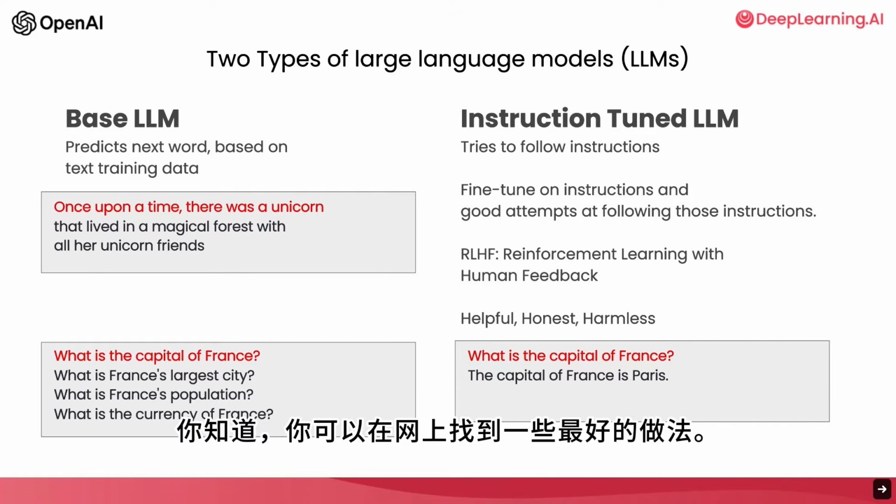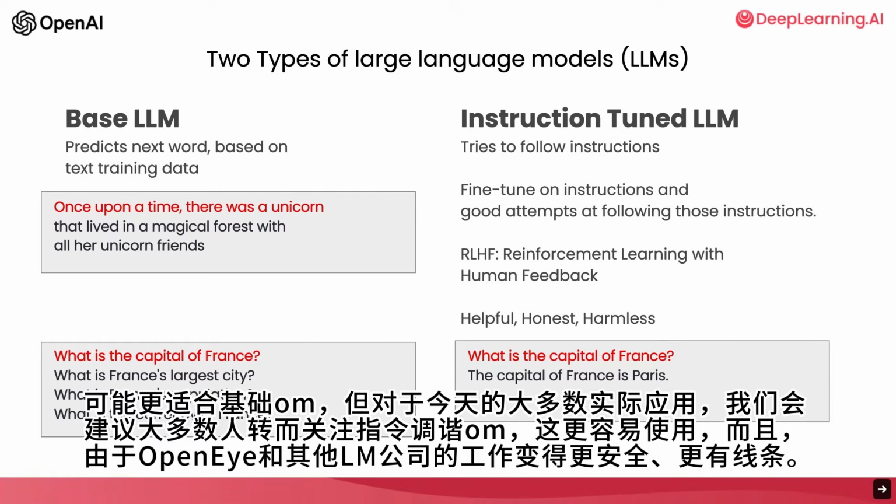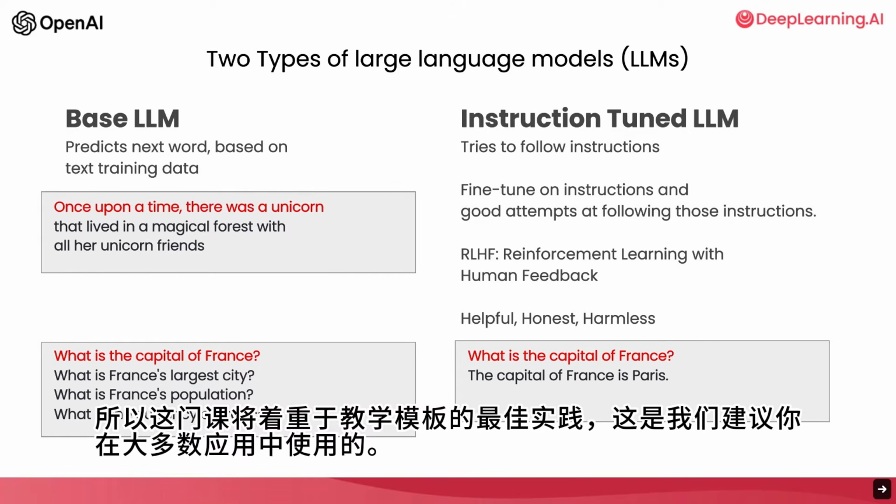Some of the best practices you find on the internet may be more suited for a base LLM, but for most practical applications today, we would recommend most people instead focus on instruction-tuned LLMs, which are easier to use, and also because of the work of OpenAI and other LLM companies, becoming safer and more aligned. So this course will focus on best practices for instruction-tuned LLMs, which is what we recommend you use for most of your applications.